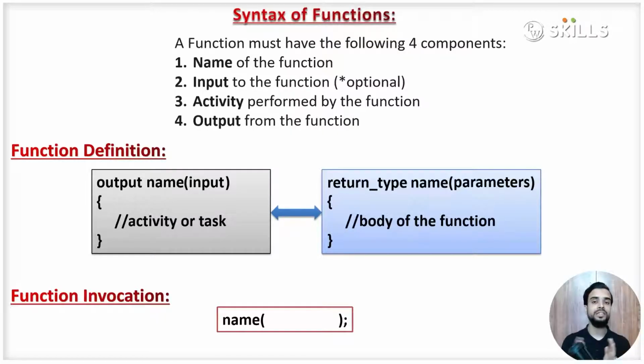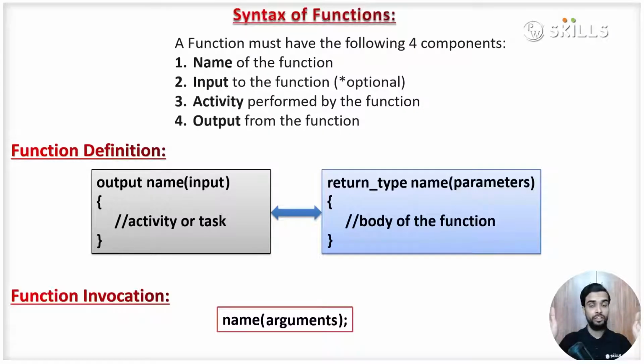And if in case it happens to be such a function which would be expecting parameters, in which case whatever data that you're going to be sending as input to the function, technically we refer to it as arguments. That must also be specified here like this. This is how the syntax of a function call is going to look like. I once again repeat, in this case also, the arguments are not mandatory.